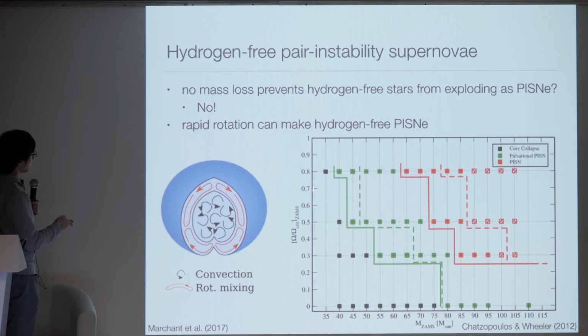And if we go to the extreme end, these stars are rotating at like 80% of the critical velocity at the beginning, then this rapid rotation can lead to strong mixing, and even a 70 solar mass star can explode as a pair instability supernova, because thanks to this rapid rotation, this star can evolve like a single core.